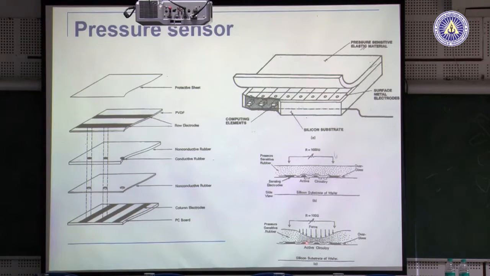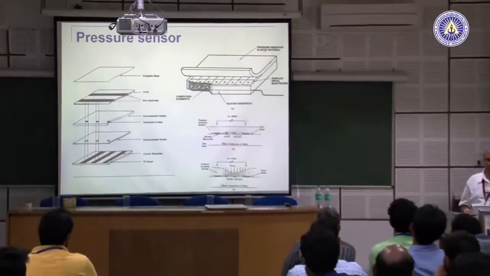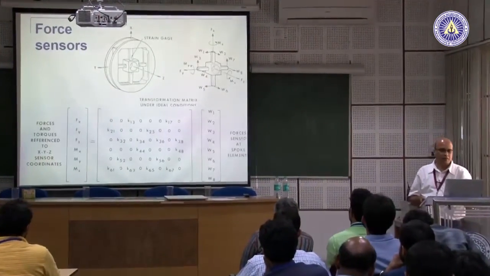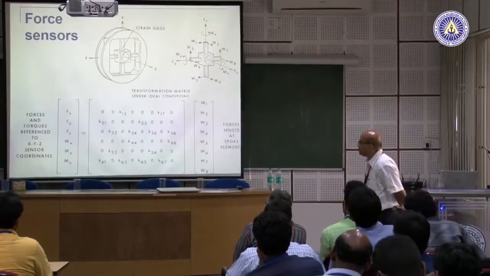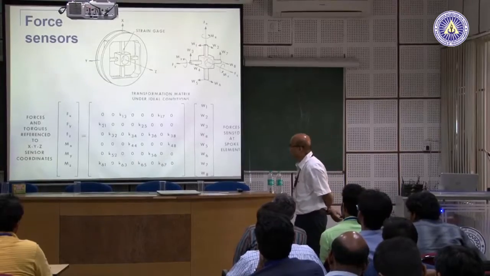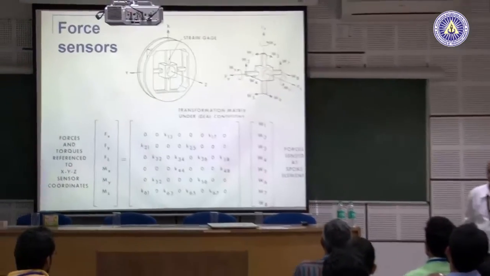So, some charge will flow from here to here. Okay. Now, the charge is proportional to the amount of rubber which has got in there, which is proportional to the pressure. Okay. So, indirectly we are measuring pressure. So, these are pressure sensors which are used for measuring application of pressure.